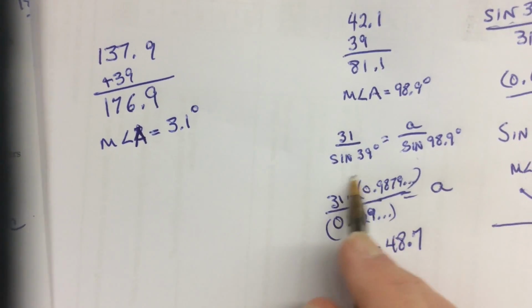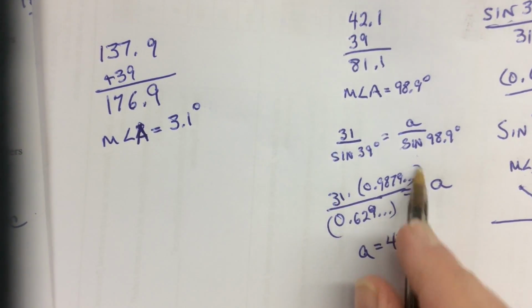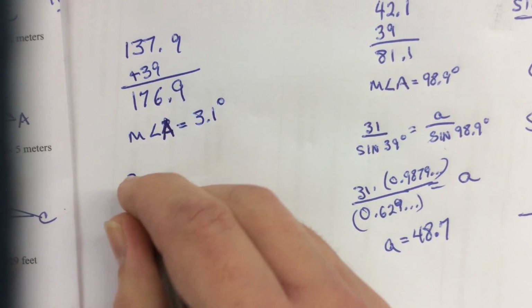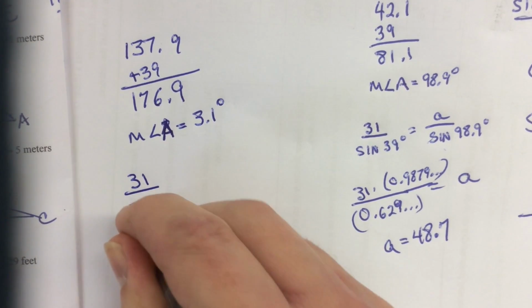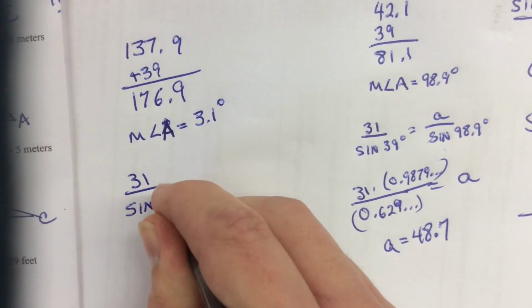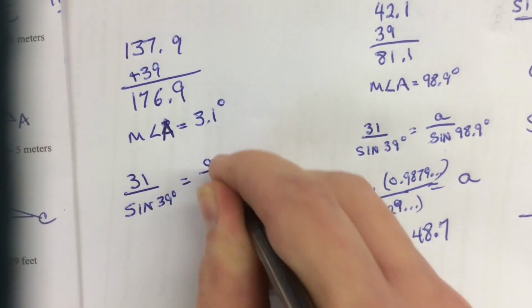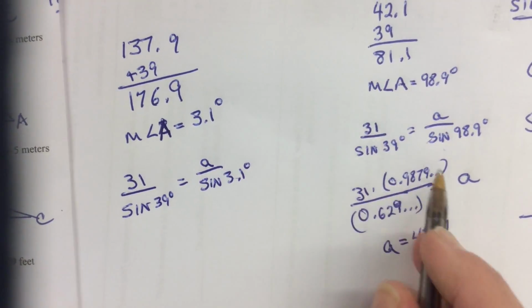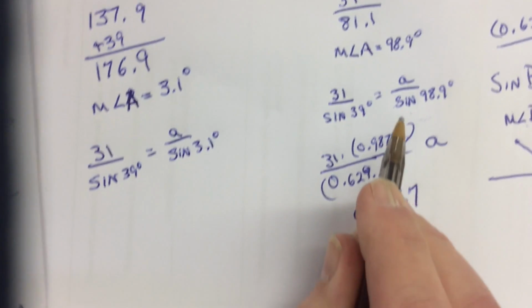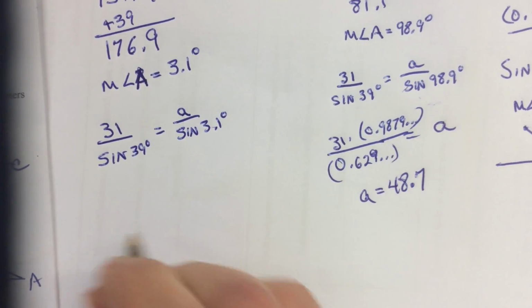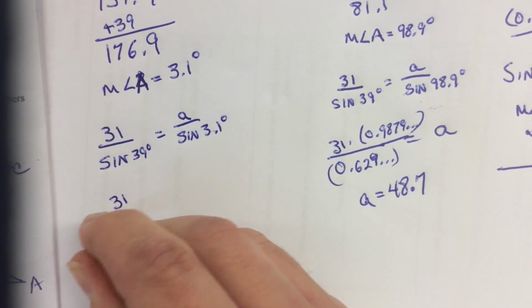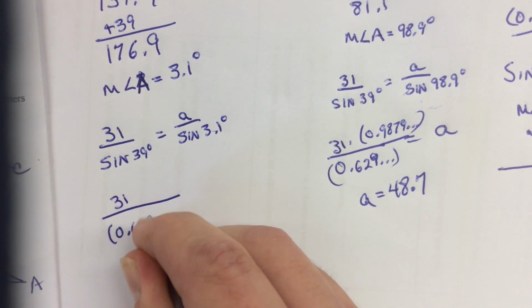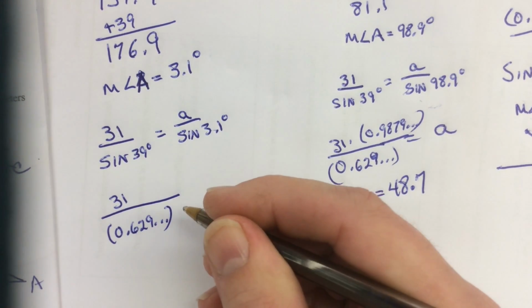So we do the same arithmetic we did over here, and that is that 31 over the sine of 39 degrees will equal A over the sine of 3.1 degrees instead of 98.9 degrees. So we already know 31 over 0.629 something something something.